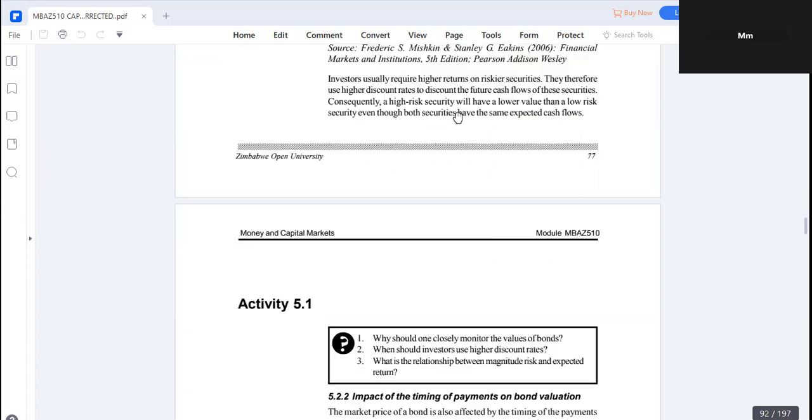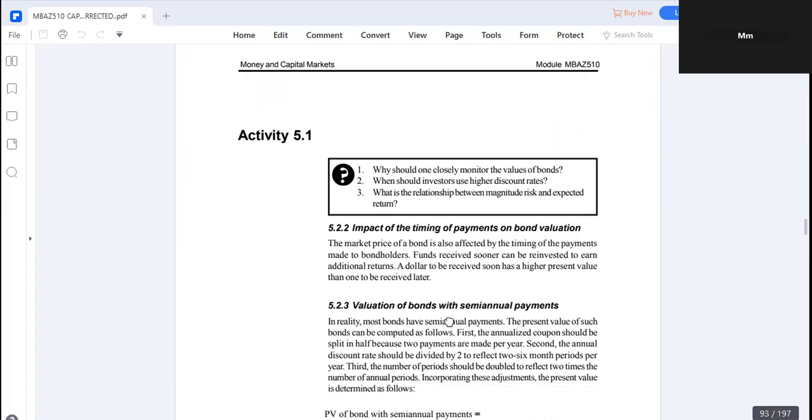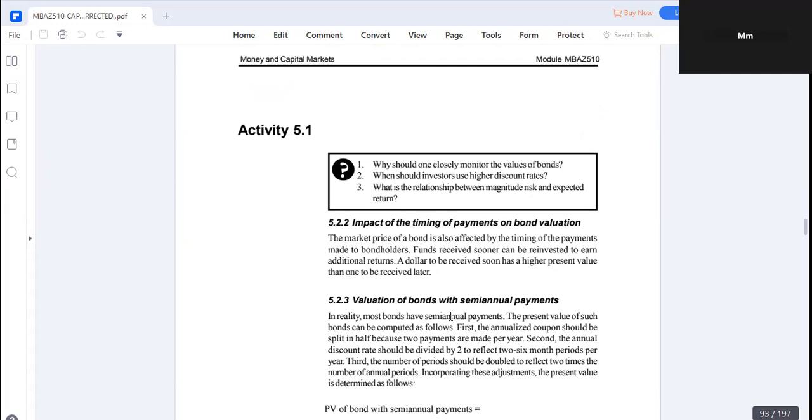Bonds have semi-annual compounding and annual compounding. So bonds have a formula that we follow when we're computing them.